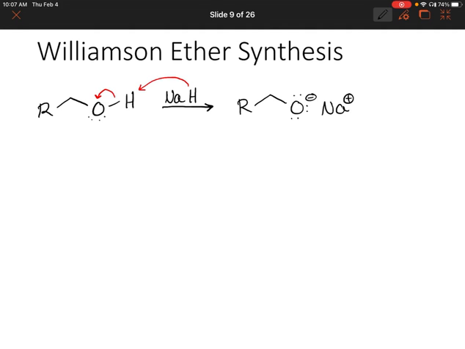All right, and that's going to give us hydrogen gas as a byproduct, but that's okay because it will just bubble off. You'll also notice that we've formed an alkoxide ion.